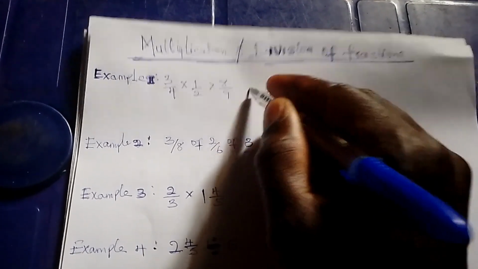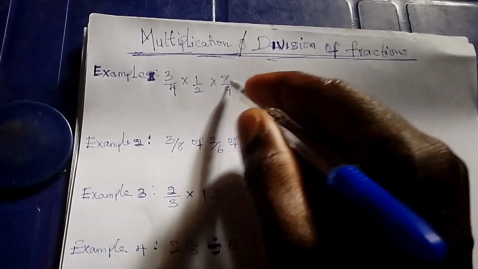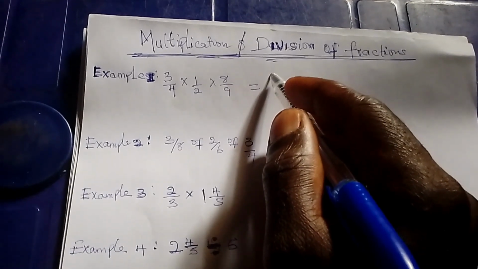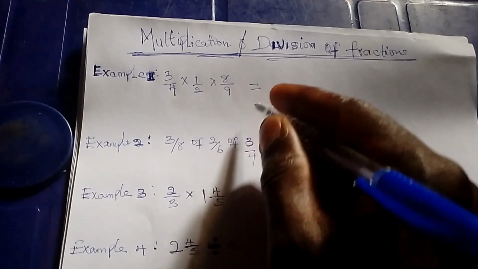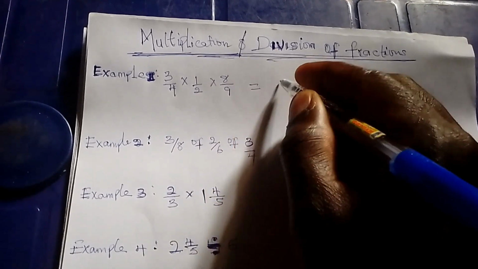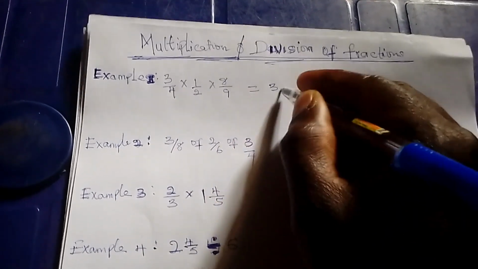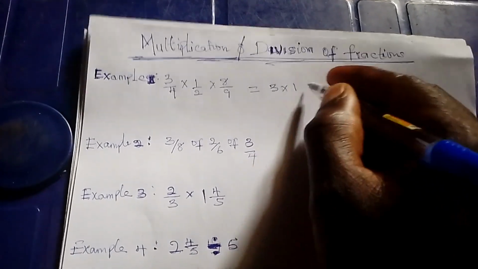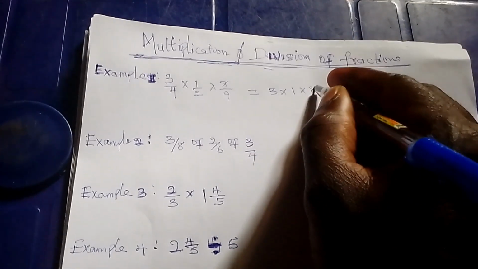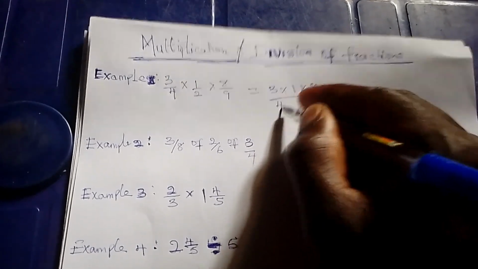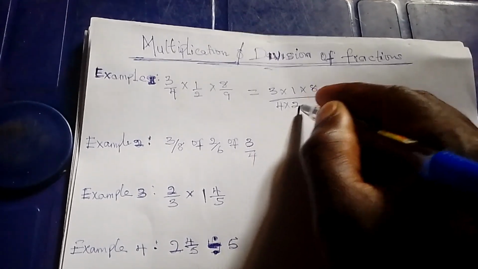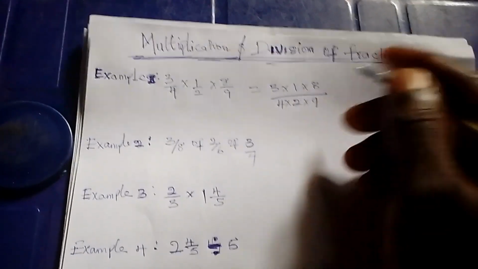You start by multiplying the numerators and also multiplying the denominators. The numerator here is 3 multiplied by 1 multiplied by 8, all over the denominator, 4 multiplied by 2 multiplied by 9.